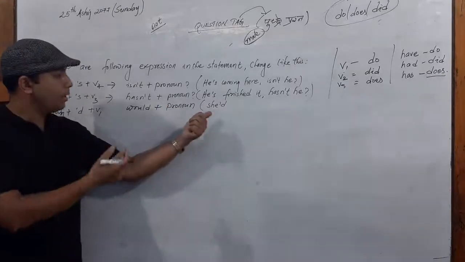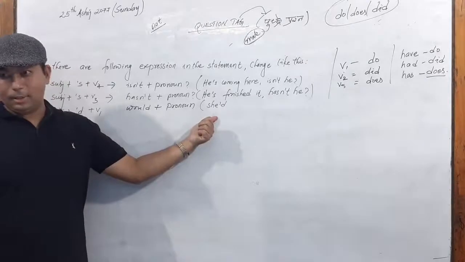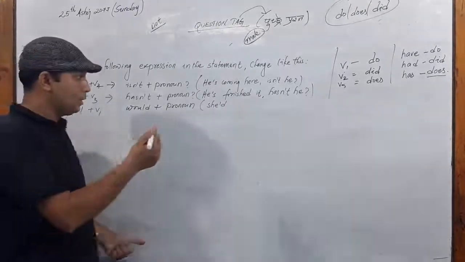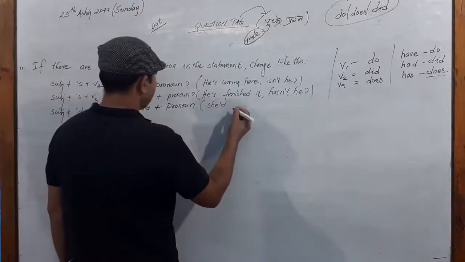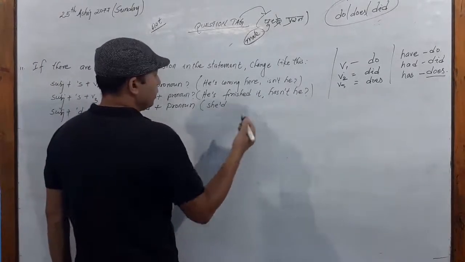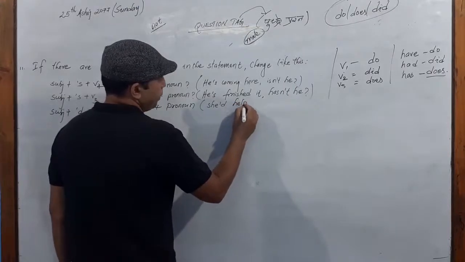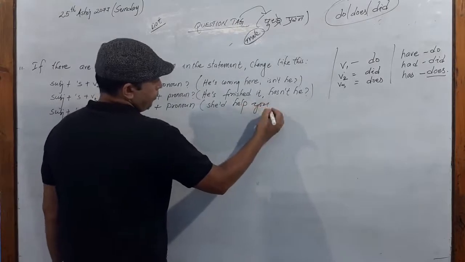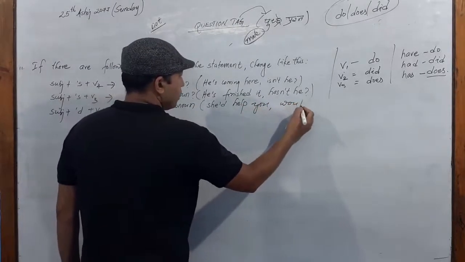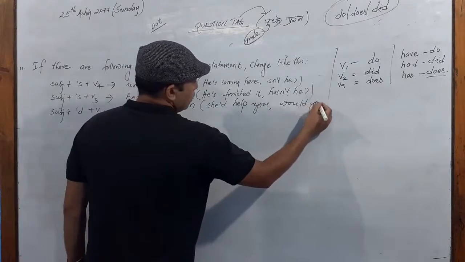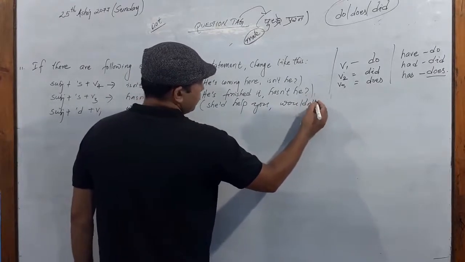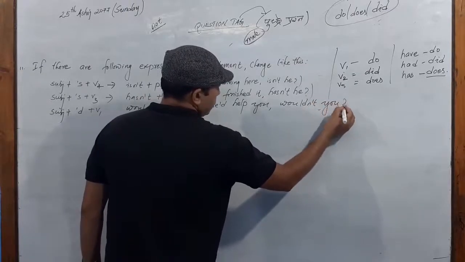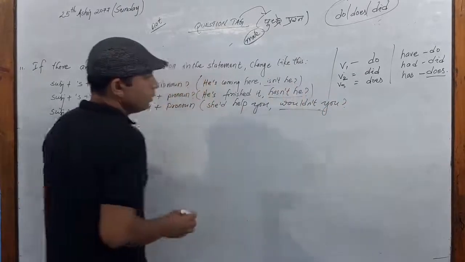So let's pronounce it: seed. It's not C would, it's not C had. It is seed. Okay? So seed help you. Verb 1 is there. At that time, the question tag will be, wouldn't you?